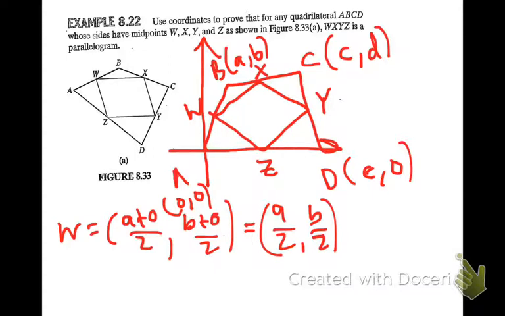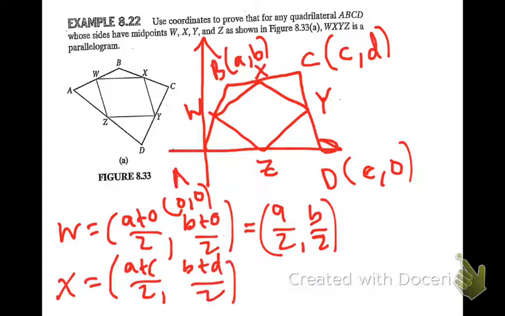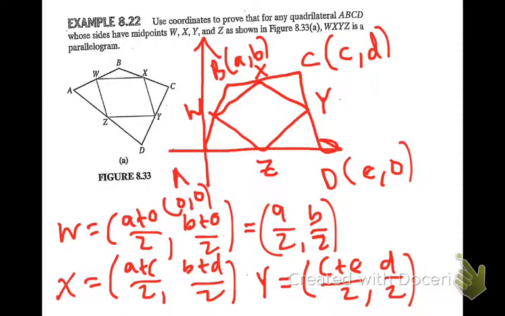X would equal A plus C over 2, B plus D over 2. I average the Y values, so that's X. Y is going to equal C plus E over 2, D over 2, right?